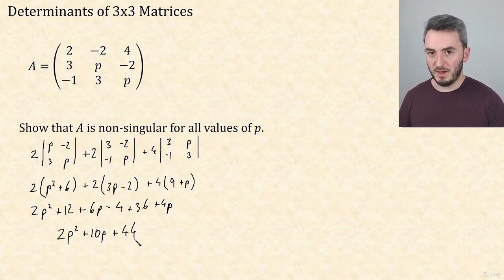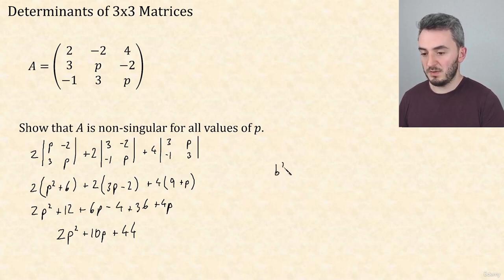Now, we know how to do that, right? It's a quadratic. How do you show that a quadratic is never 0, i.e. has no roots? Well, you could just find them and show they're complex, or you could just evaluate the discriminant. So b squared minus 4ac for that quadratic is 10 squared minus 4 times 2 times 44.